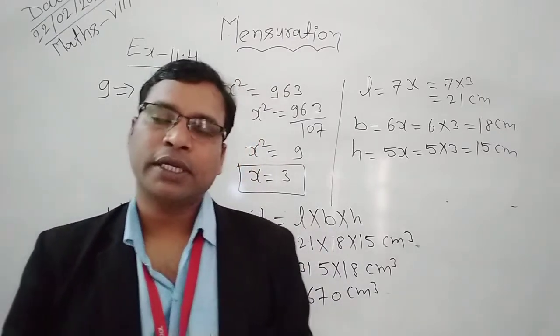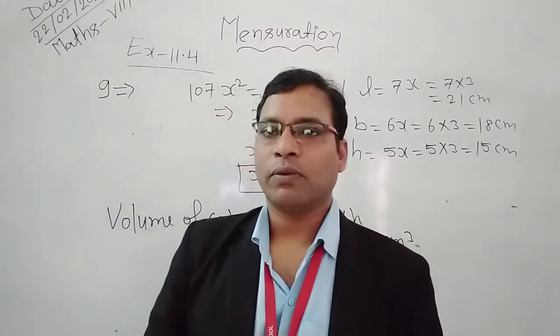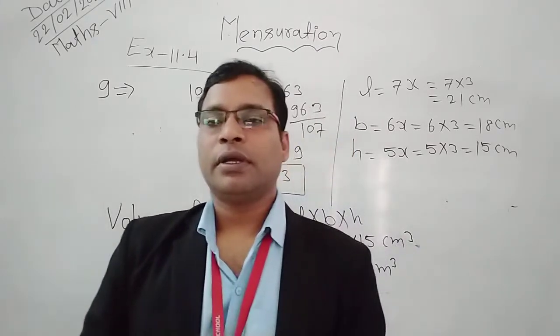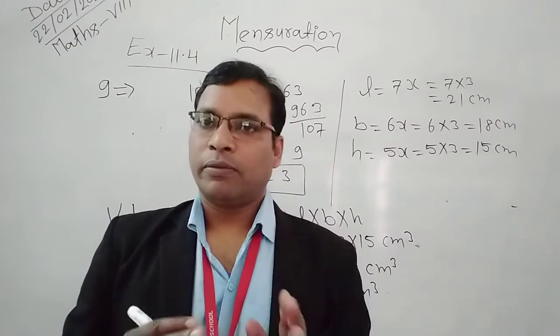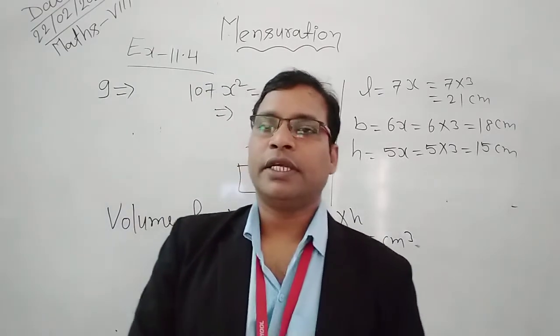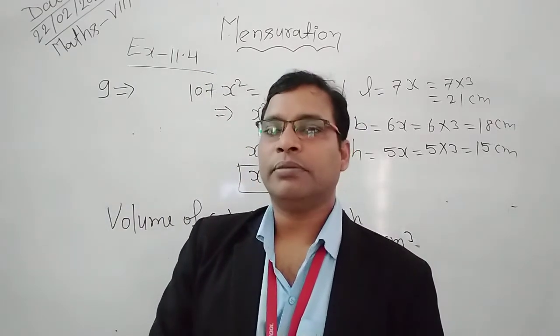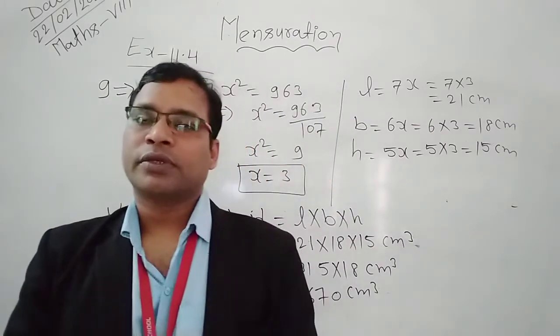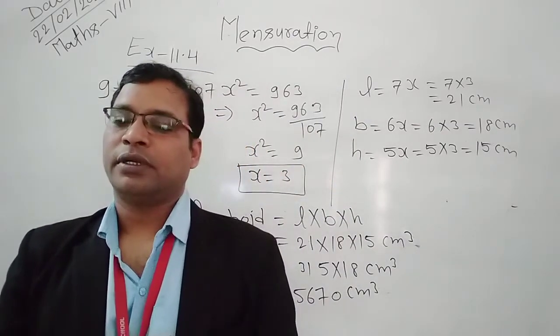So we subtract the area of door and windows from the area of walls. Clear? And then we get the total area.